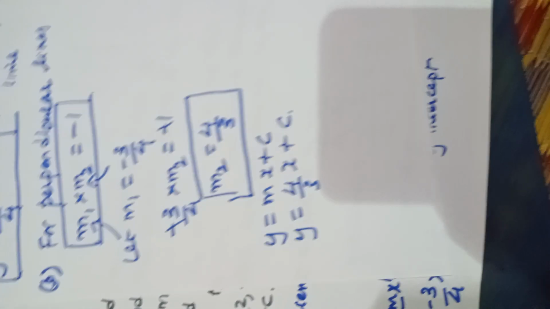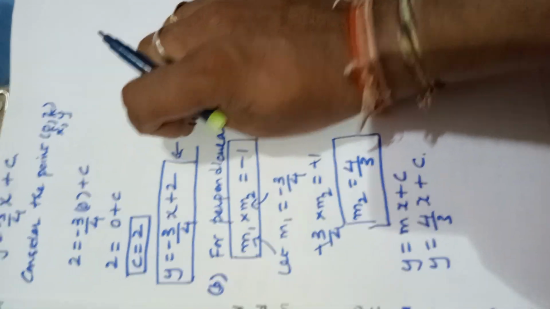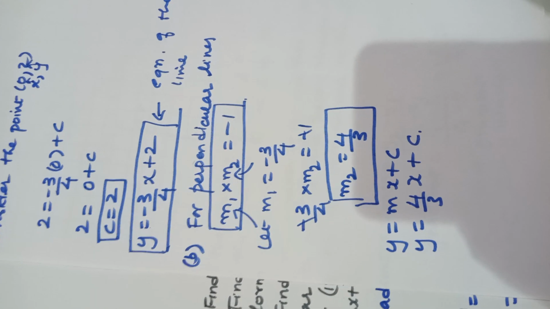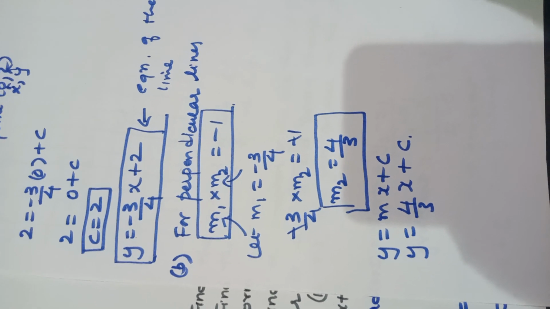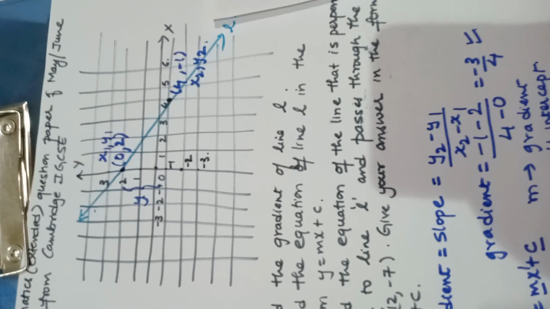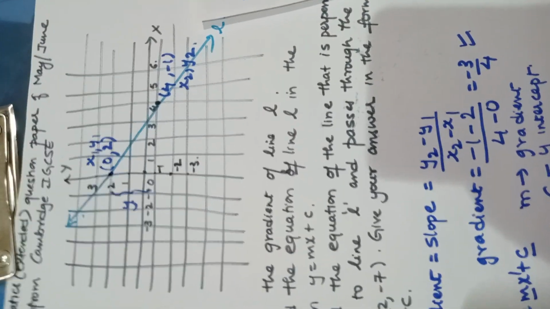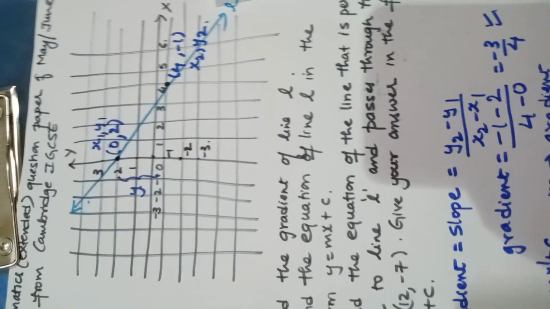So how do we find the value of c? The same procedure which we followed earlier to find the value of c can be used here, but we need to know the coordinates of a point which lies on the perpendicular line. From the graph we cannot determine it because the perpendicular line is not shown in the graph.